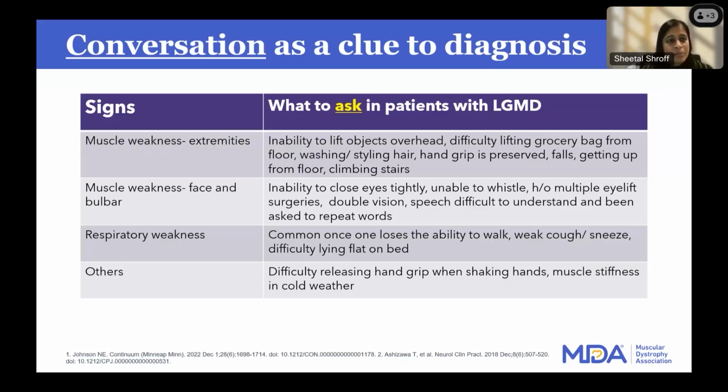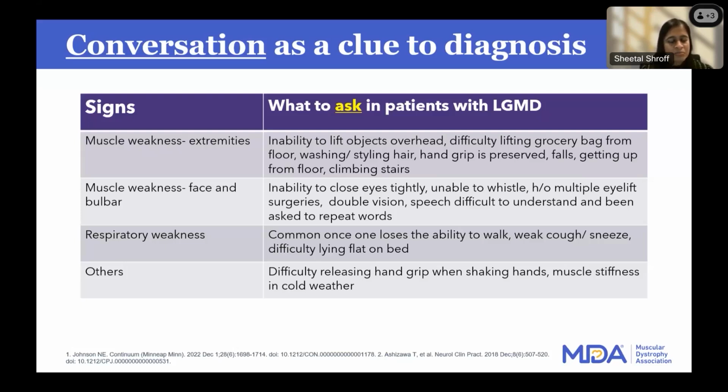Now, this typically we see the involvement of breathing when patients with neuromuscular disease are severely weak in their legs, or they lose the ability to walk. One might say, my cough has changed, or my sneeze has changed. I can't cough as forcefully. I can't clear my throat out, or my sneeze is not as forceful.